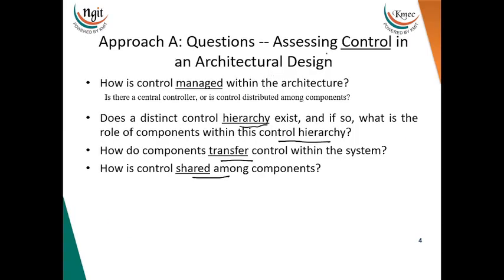So, assess control architecture. How is control managed within the architecture? Who is going to control everything within the architecture? Does the architecture contain a hierarchy, meaning models that are related to each other? If so, what is the role of the components between them? What is the control hierarchy? How do components transfer control, and how is control shared?